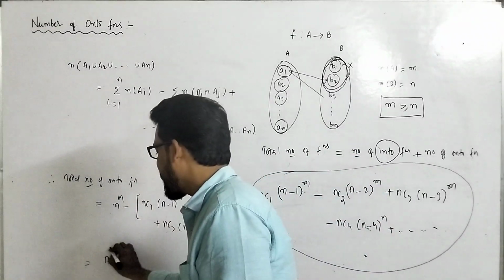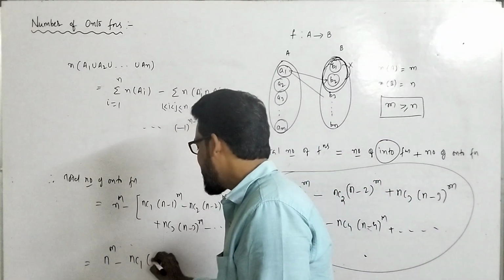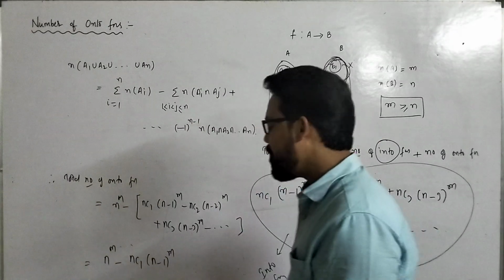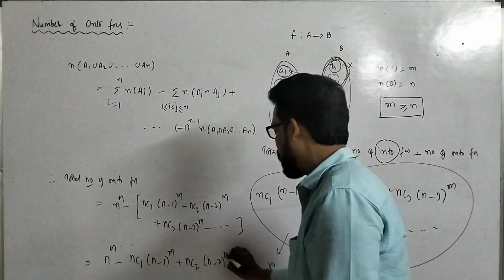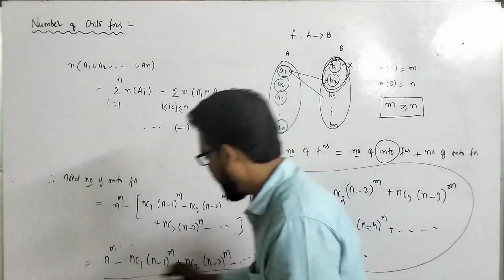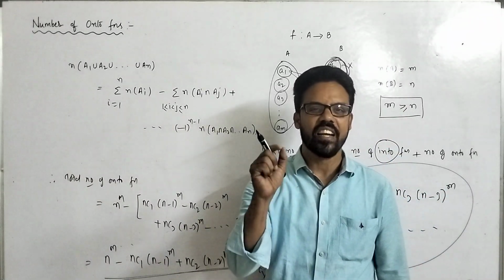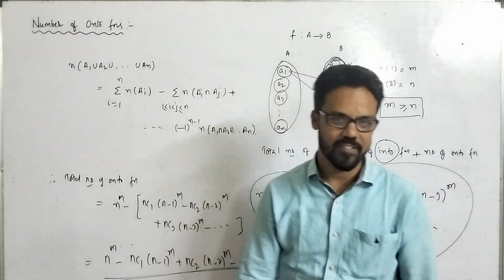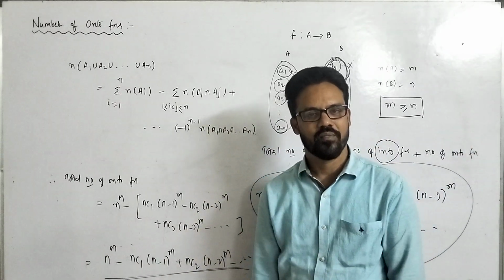Hence it will be n to the power of m minus nC1 n minus 1 whole to the power of m plus nC2 n minus 2 whole to the power of m minus so on. This is the generalized formula for finding the number of onto functions. We can also write it in summation form.